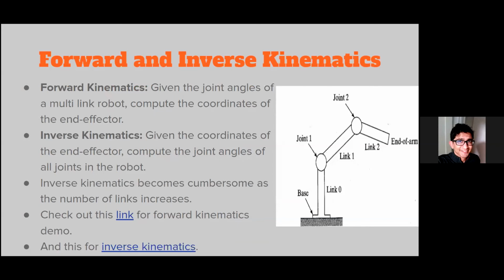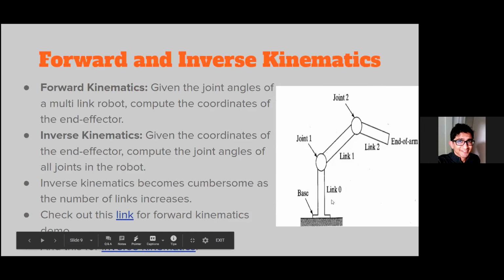So all robots that you see operating, right? They all either follow forward kinematics, or in most circumstances, it's inverse kinematics, which cause them to have their motion. So in forward kinematics, this is the problem statement. Suppose you know all these joint angles.